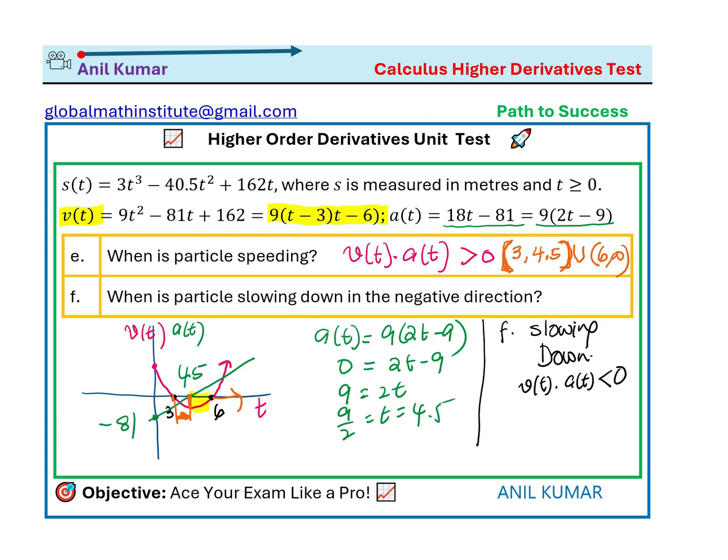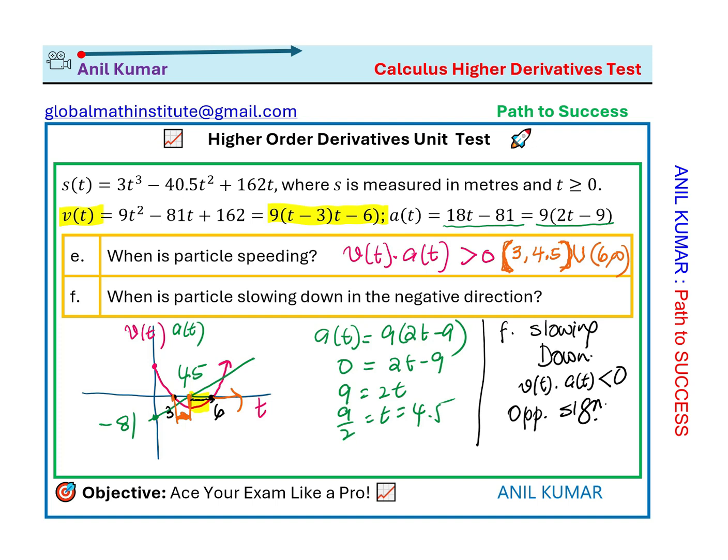So it means opposite signs, right? So seeing the graph, opposite sign is between 4.5 and 6, you can see. Because at 4.5, acceleration becomes positive from 0 and velocity is still negative. So that is when they are actually speeding.